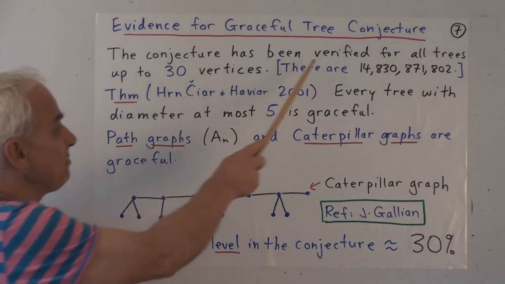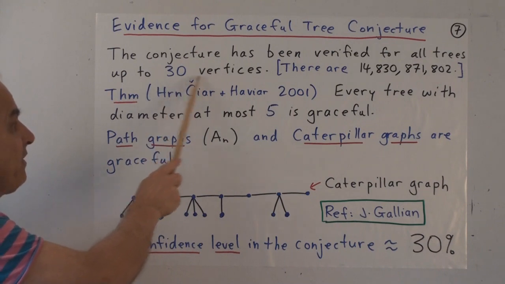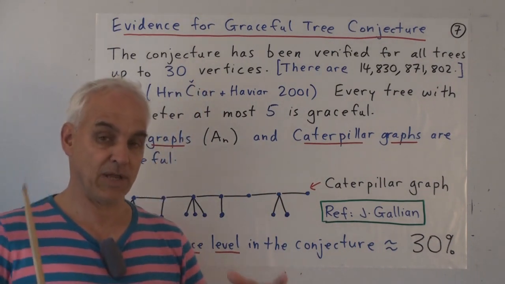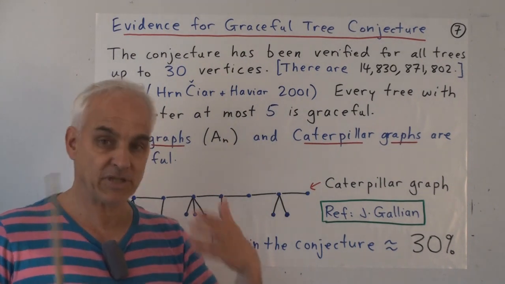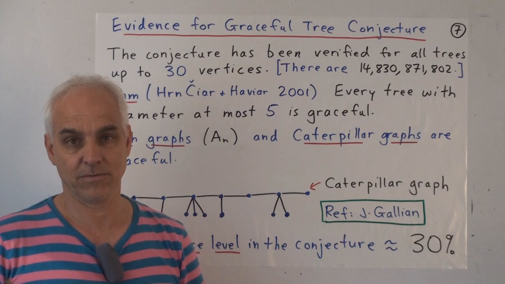The conjecture has been verified for all trees up to 30 vertices. So if you have a tree that has 30 vertices or less, then it has been computationally checked that that tree is graceful.